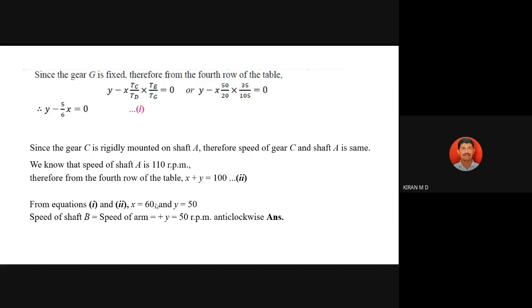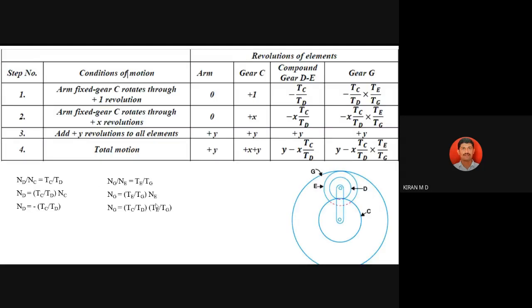This type of problem you are going to get. You should just know how to write this table. First you write R. Second you start with any one gear. You can start with G, or you can start with E. Then C. The third row is where C is meshed with D. Then D and E are compound gears, so both are the same. The speed of both the gears is the same.